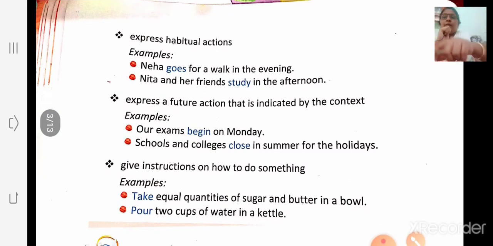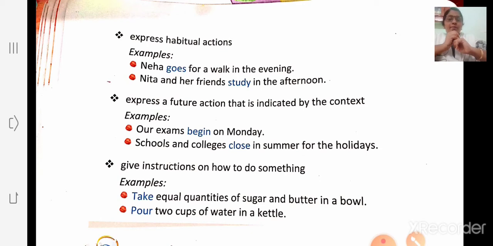Then to express habitual actions. Habitual actions means to express our routines, our habits. We use simple present tense. Neha goes for a walk in the evening. Goes, simple present tense. Neeta and her friends study in the afternoon. Study, simple present tense.